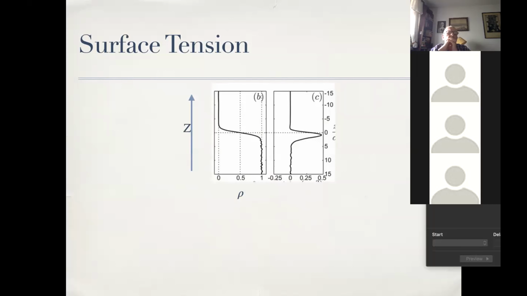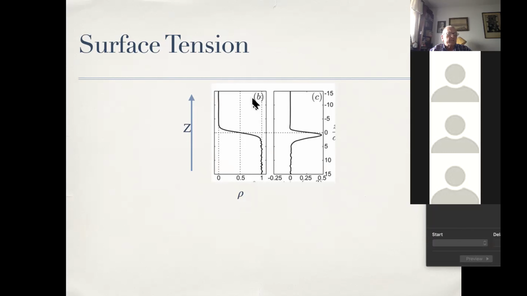We discussed the density profile, but as you see, the density is a continuous function of the length S. If I don't look at the atomistic scale, then I can describe the density as a continuous function of distance. And the interesting point is that this density changes very rapidly over a narrow region.